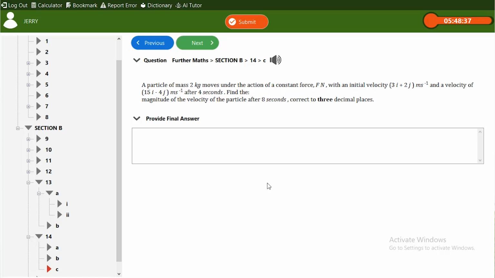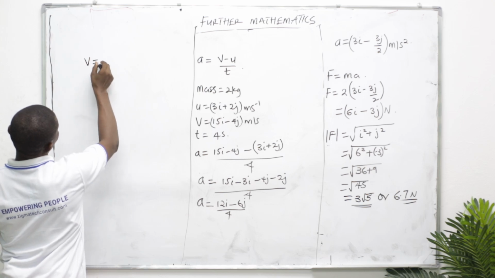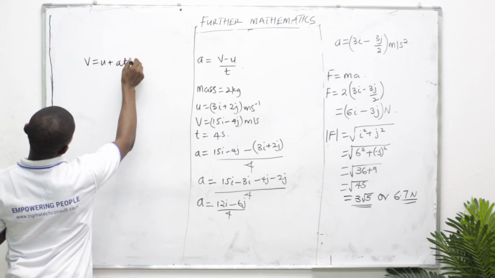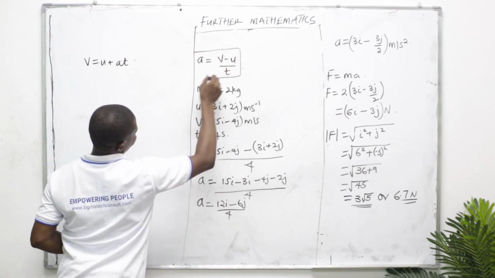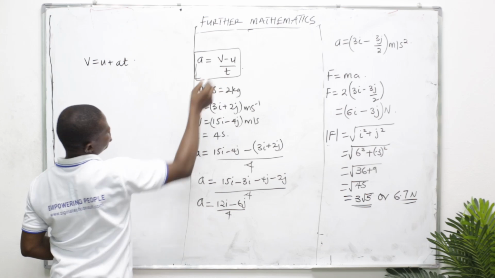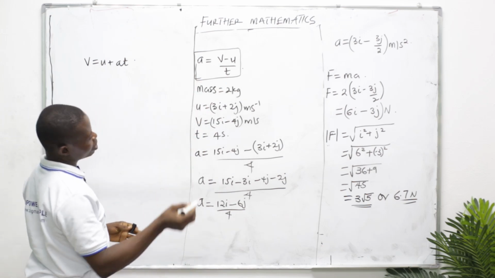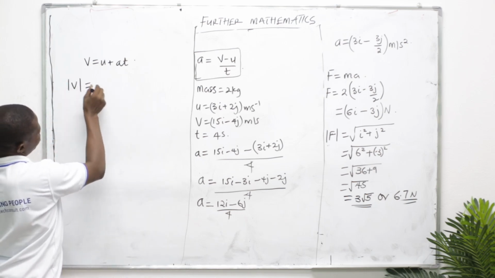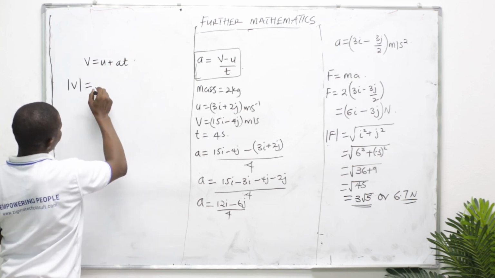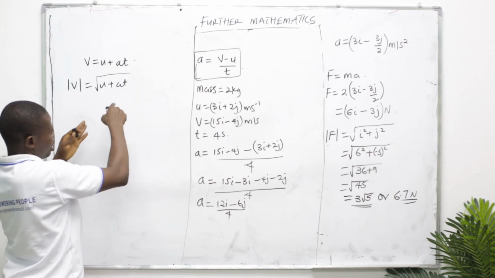Recall, you know that V equals U plus at from first equation of motion. Or if you feel like using this, no trouble. All you have to do, make V subject of the formula. So the magnitude of velocity here now, absolute V equals square root of whatever you have here, U plus at, because you are dealing with magnitude.